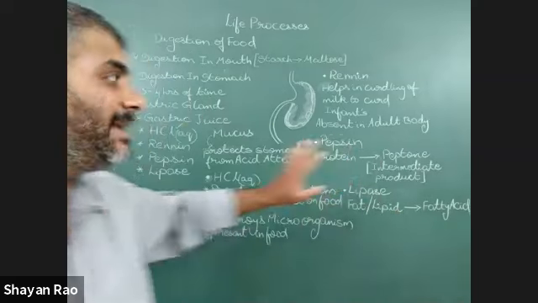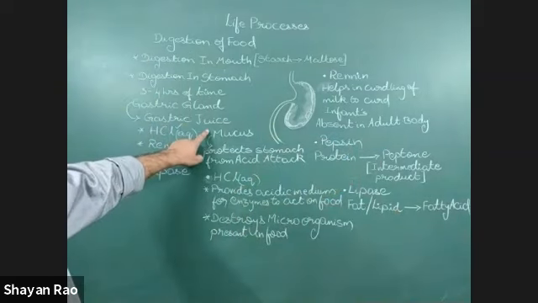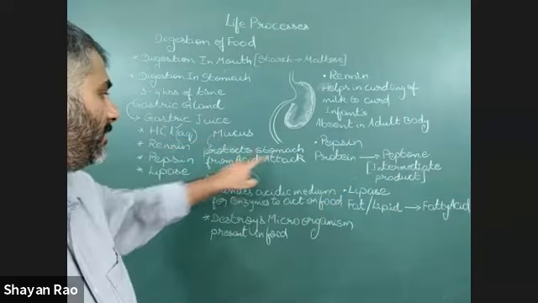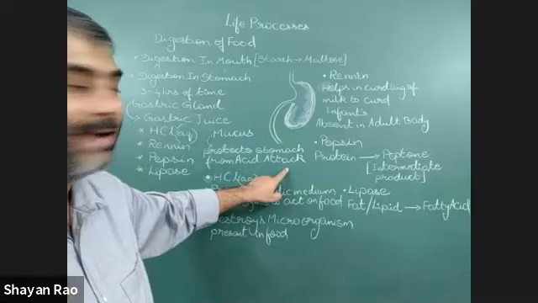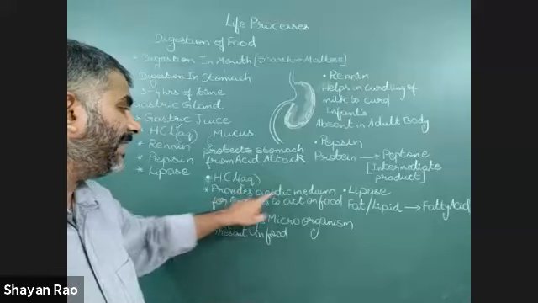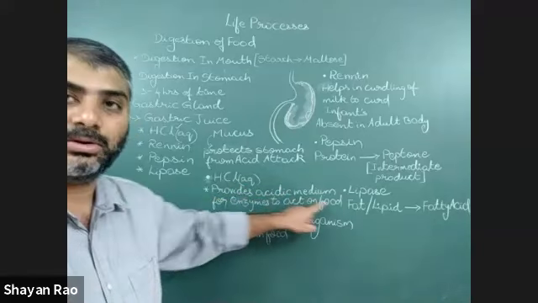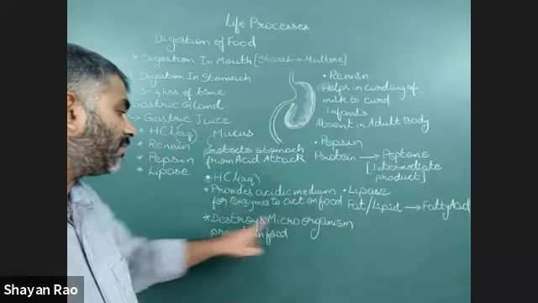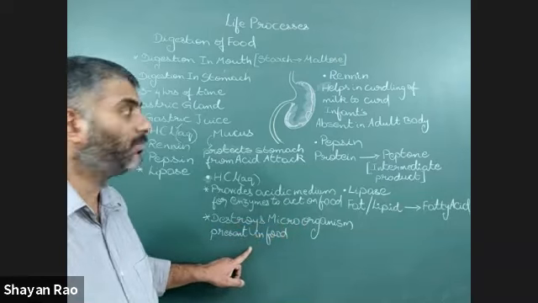In the stomach, first we have mucus, which protects the stomach from the acidic attack. Then you have hydrochloric acid, which provides an acidic medium for the enzymes to act on the food, and it destroys microorganisms present in the food.